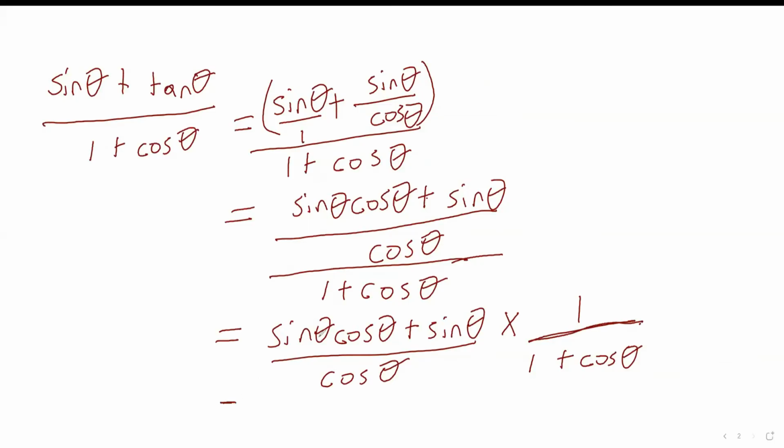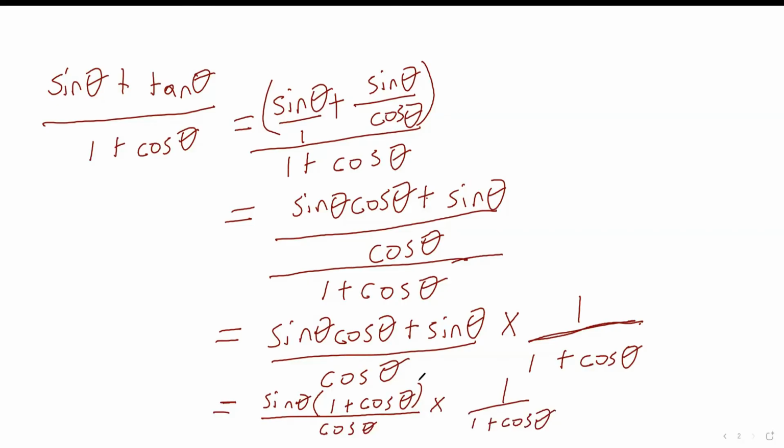As we can see right here, if you factor out the sine theta, you're left with 1 plus cos theta over cos theta multiplied by 1 over 1 plus cos theta. And what do we notice?